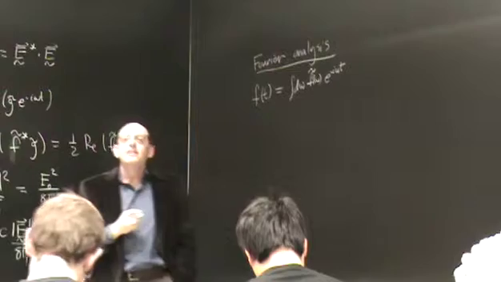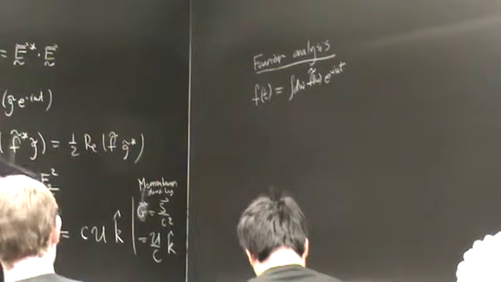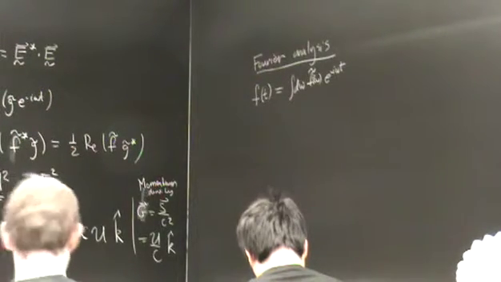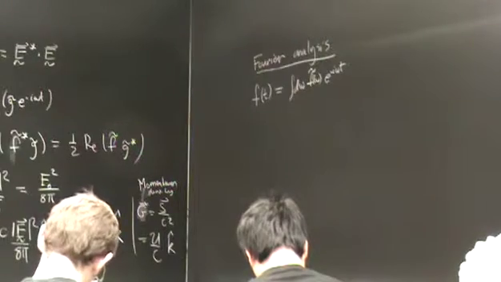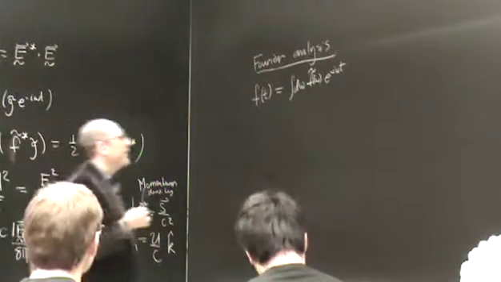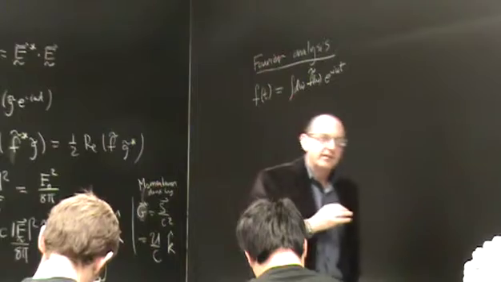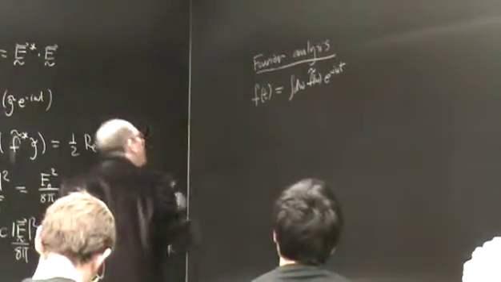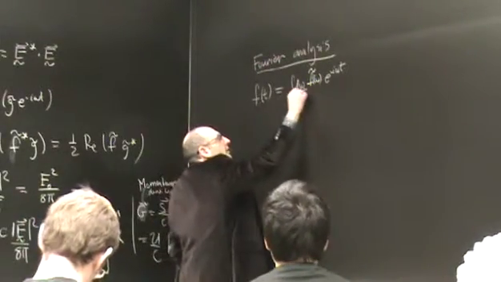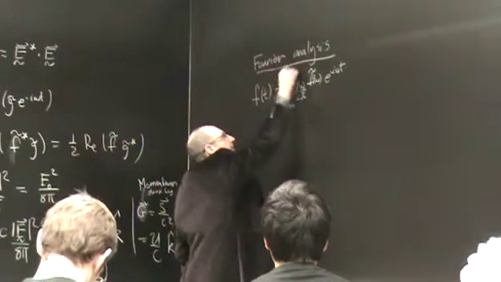Now, in Fourier analysis, there are all kinds of different conventions about these factors of 2 pi that I want to remind you of. The convention we're going to take here is to put the 2 pi in with the omega.